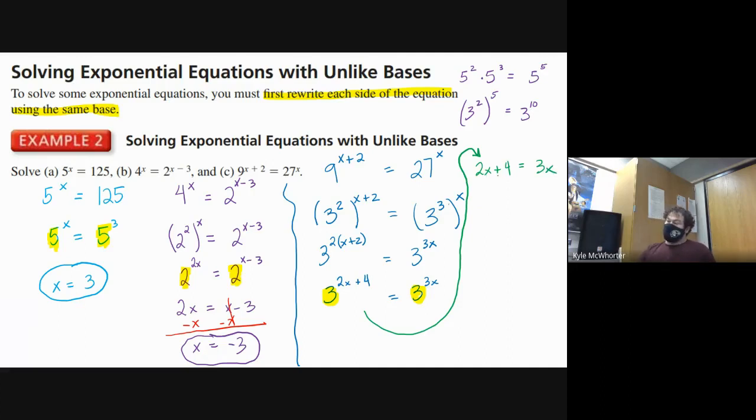So I'm going to subtract 2x from both sides because I don't want x on both sides. And I get 4 equals 3x minus 2x is x.